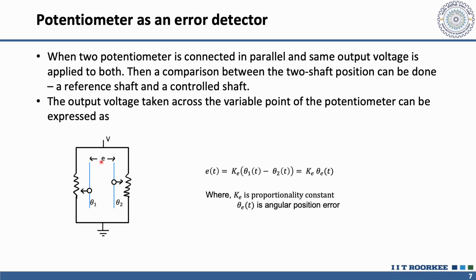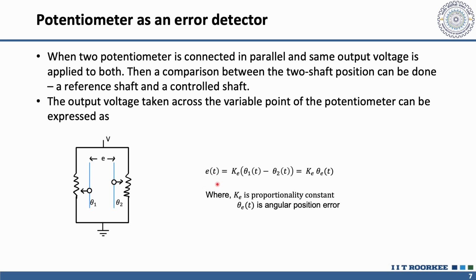This error signal is the difference between the output voltages of both potentiometers. When we relate the error signal with the angular position error, we observe that it is proportional, that is, the error signal is proportional to the angular position error, as you can see from this equation.